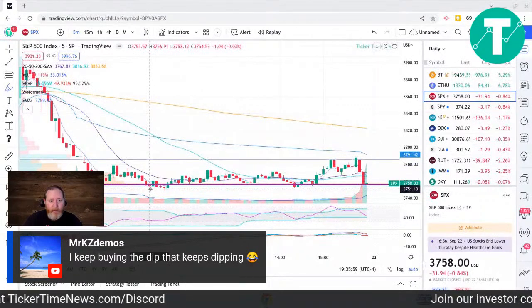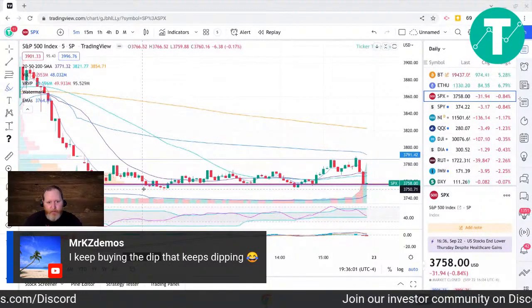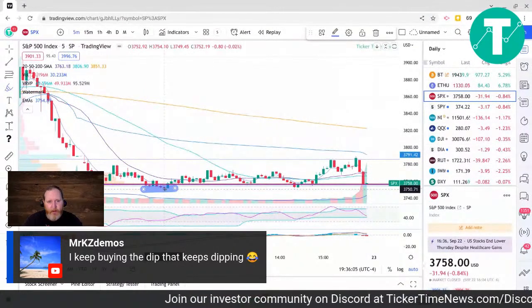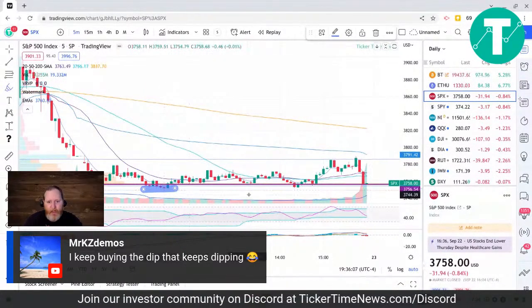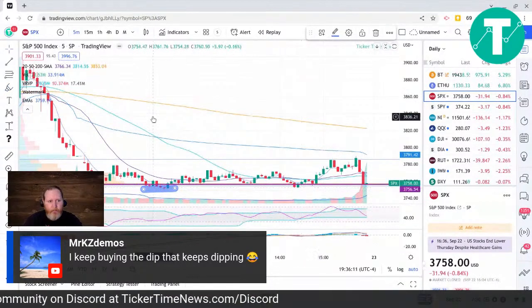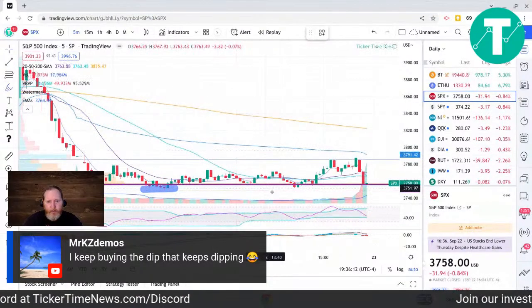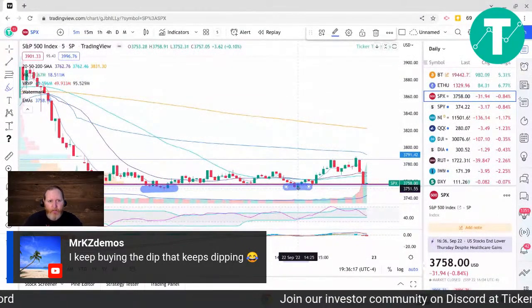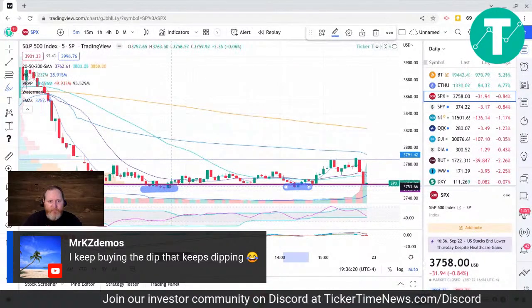Number one is support. All right. We had support right here today. The low there was 37.49. Again, right here, and the low we had there was 37.52.